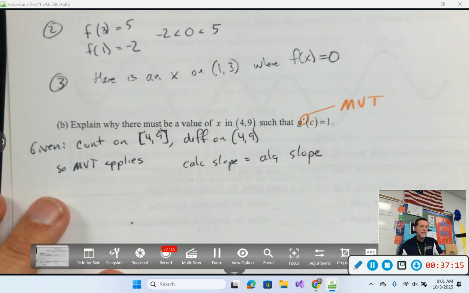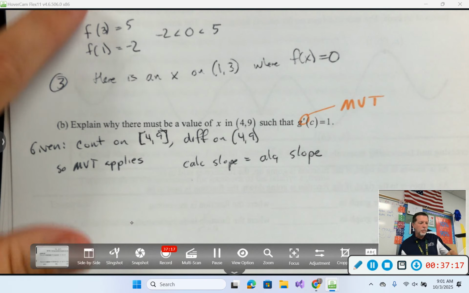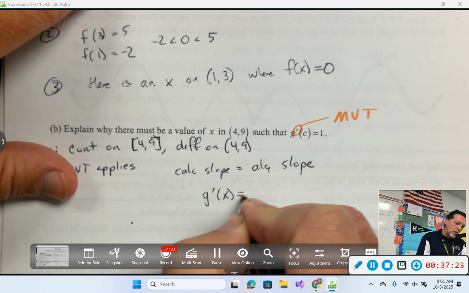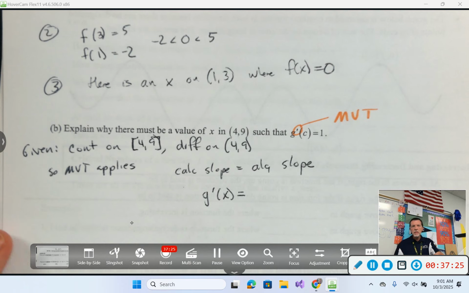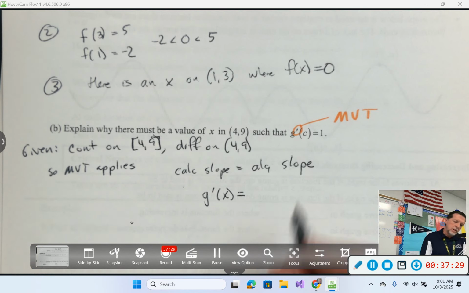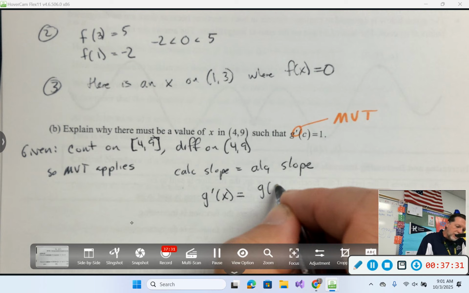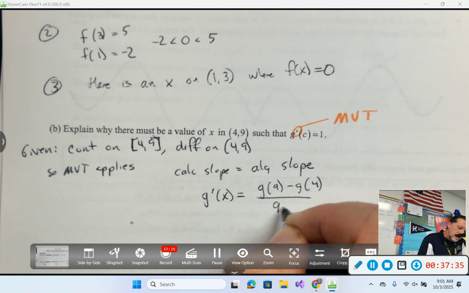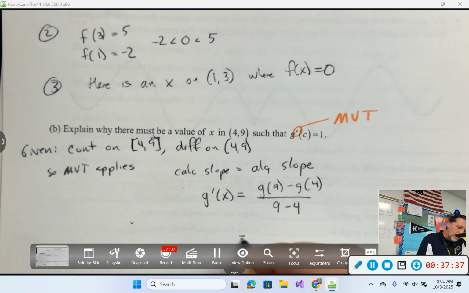MVT means calculus slope equals algebra slope. Okay, calculus slope. I don't really have a formula or an equation to take a derivative of. So the calculus slope I'm just going to say is g prime of x. I don't really know what else to do. The algebra slope, that's g of 9 minus g of 4 over 9 minus 4.